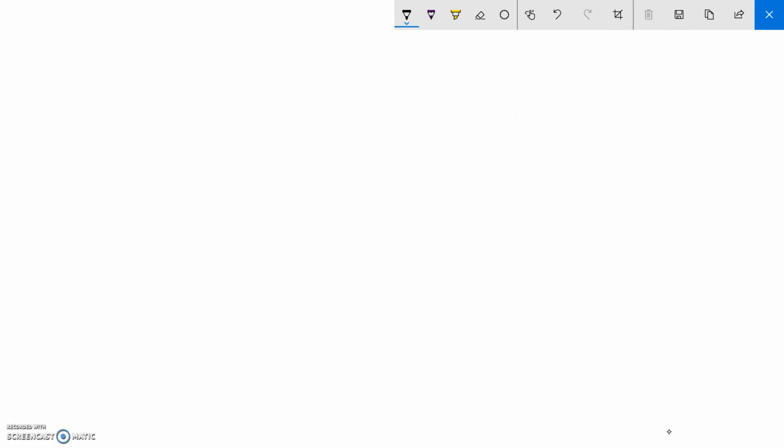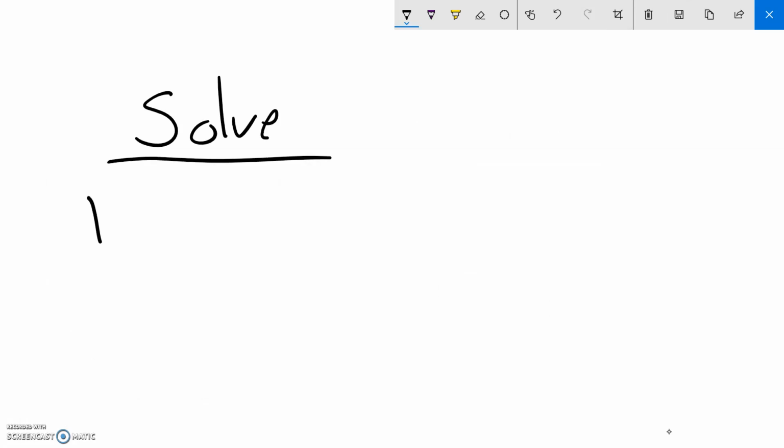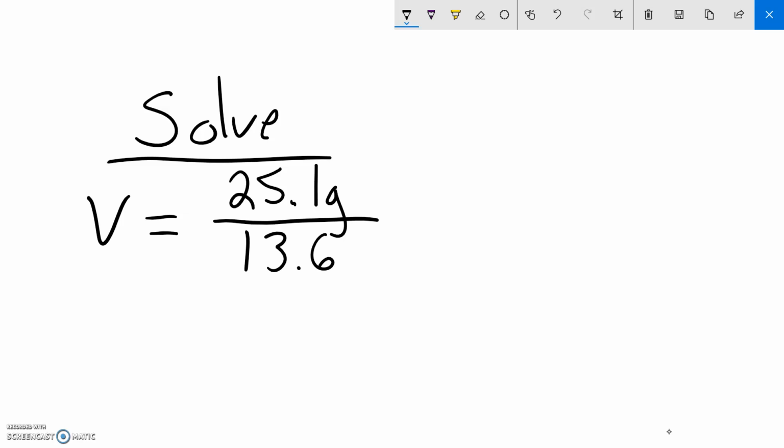So for our solve, we know V equals M, which our mass was 25.1 grams, and our D was that 13.6 grams per centimeter cubed, right? So now we can just plug that into our calculator. You got 25.1 divided by 13.6.